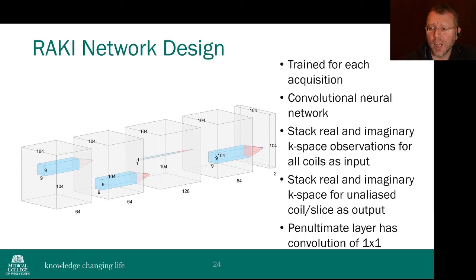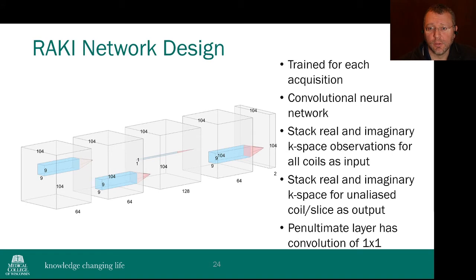But it's a very shallow convolutional neural network, which essentially replaces the idea of that GRAPPA kernel. So it's like GRAPPA, fit for each and every acquisition. So instead of doing a linear fit of GRAPPA kernel weights, with RAKI, one is doing a nonlinear fit of this convolutional neural network to perform that GRAPPA convolution.